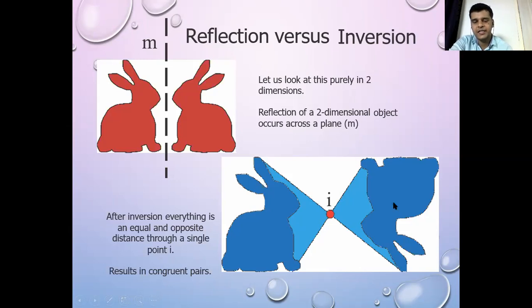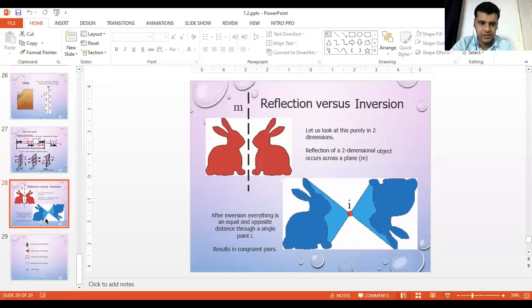As it is a reflection, but it appears in the opposite way, like an entirely different 360 degrees. So this is the difference between reflection and inversion.